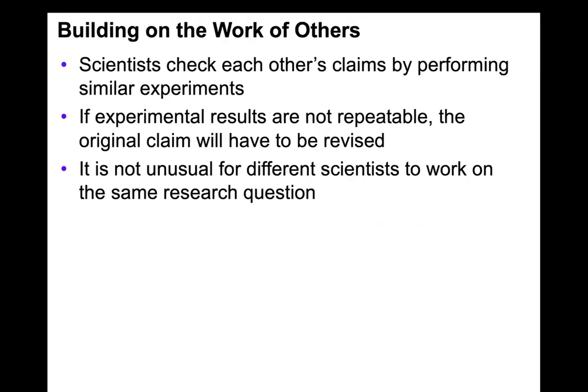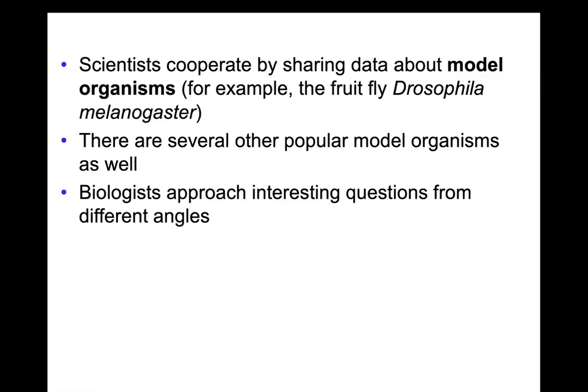Scientists are charged with checking each other's claims by performing similar experiments. If experimental results are not repeatable, the original claim will have to be revised. It is not unusual for different scientists to work on the same research question and confirm each other's work.